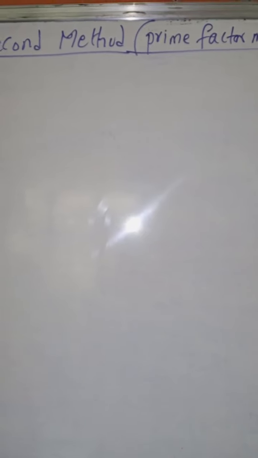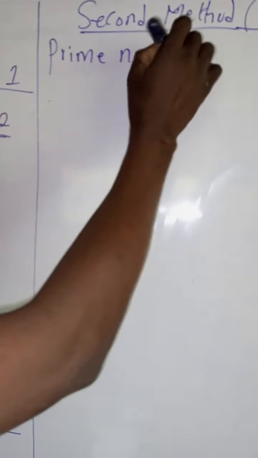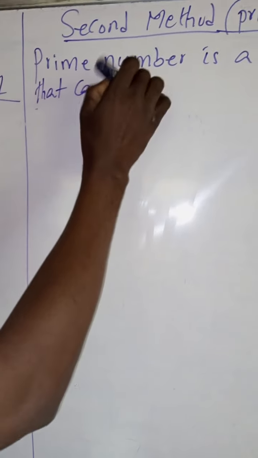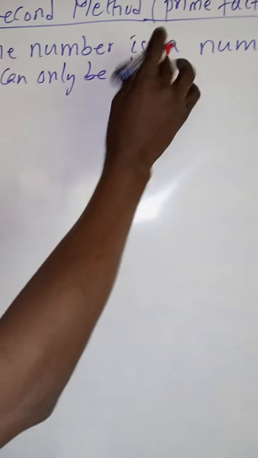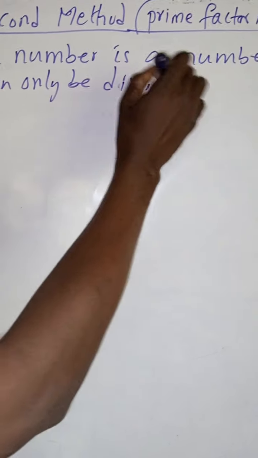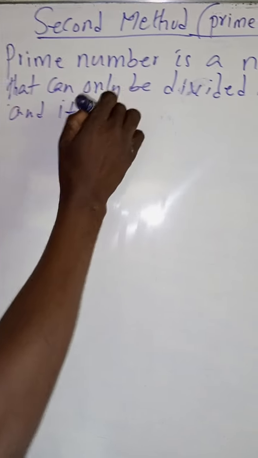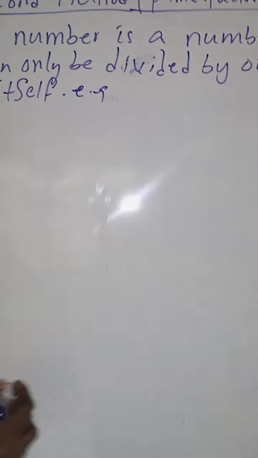Now here it is encouraged that the teacher teach the children the meaning of a prime number, so that we could define that a prime number is a number that can only be divided by one and itself.